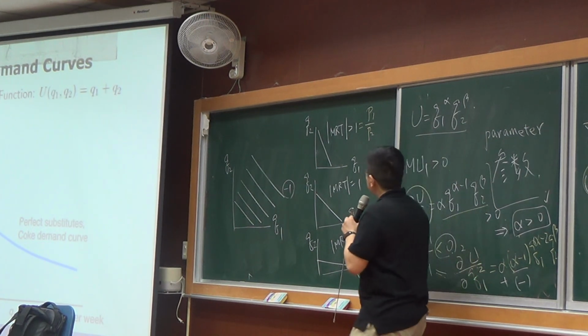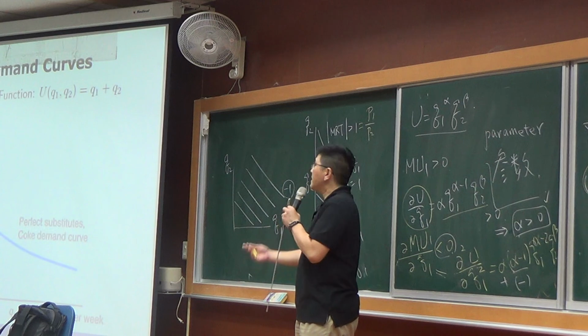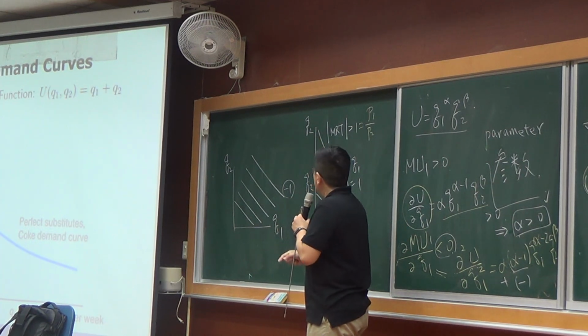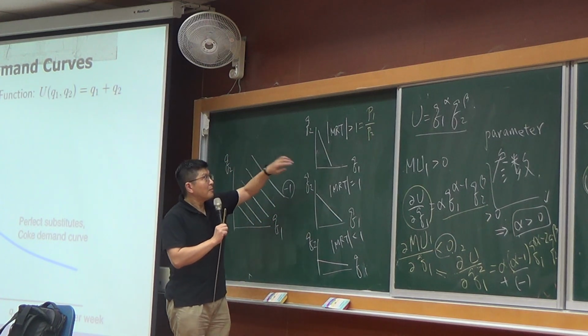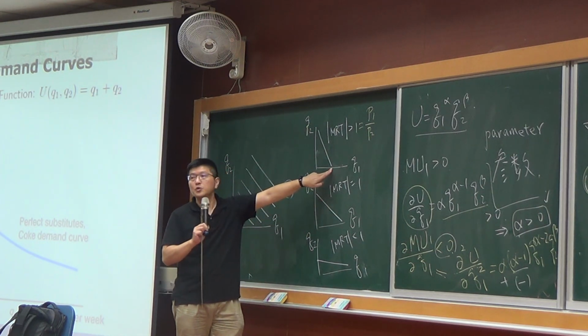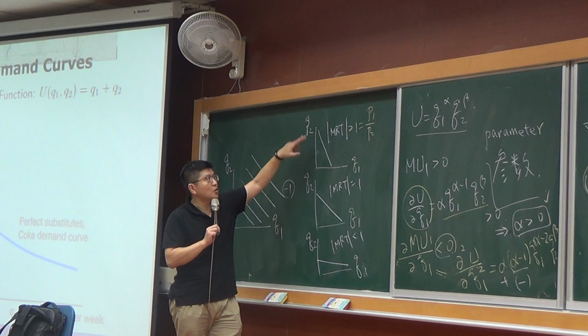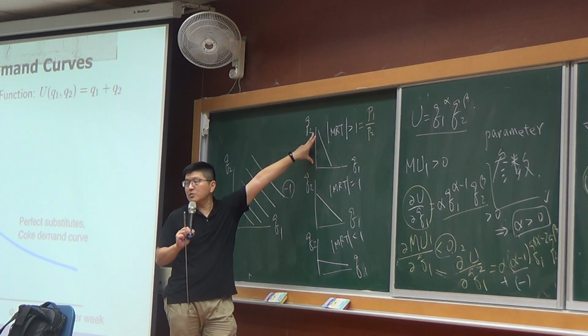Okay. So intuitively, let's have a look at this. Given our income, we may consume more Q2 than Q1. The quantity we may consume more Q2, right? So which price is cheaper or is less? Which good is cheaper? Good 1 or good 2?